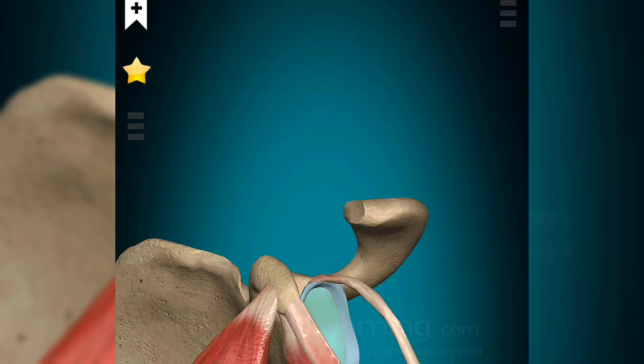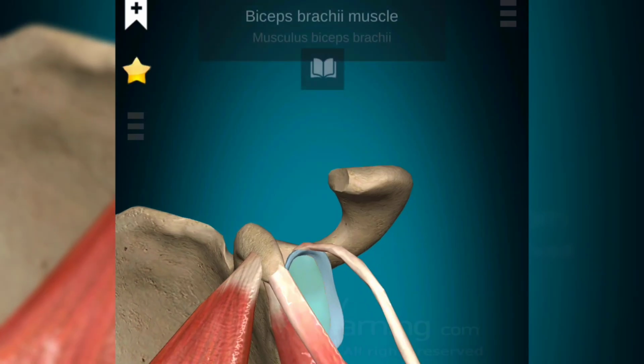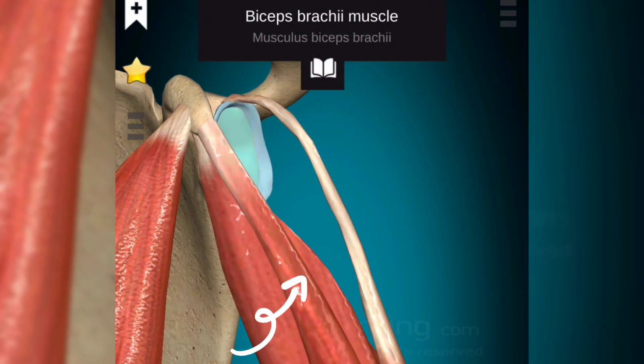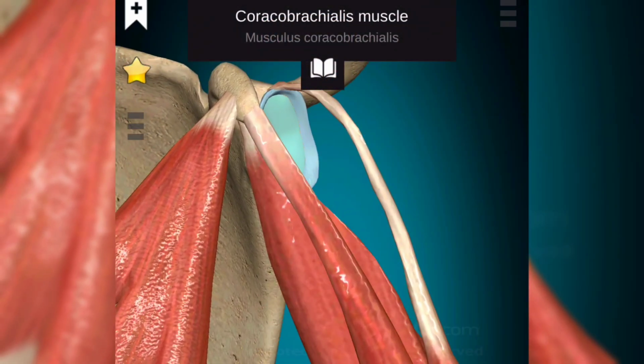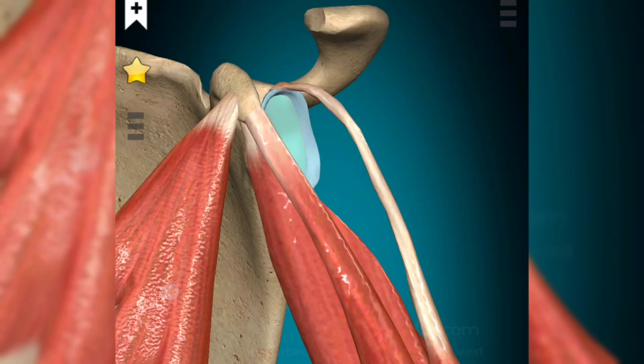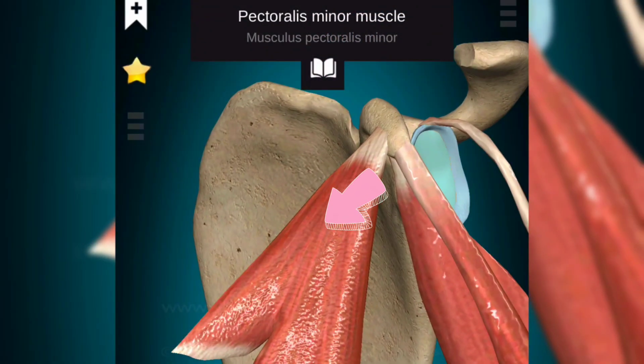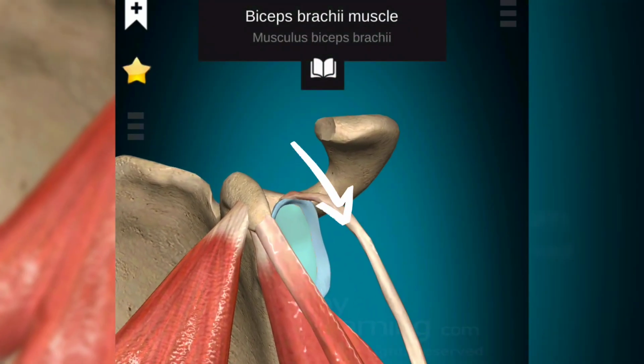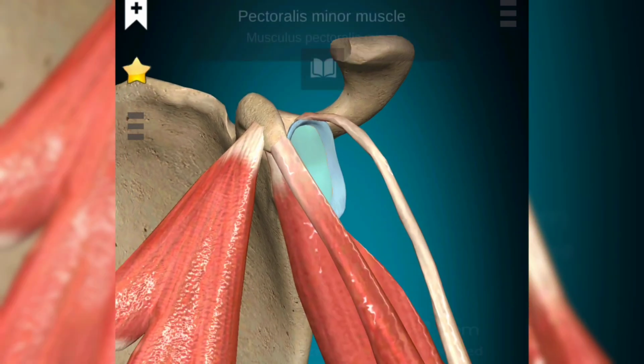The coracoid process provides attachment to 3 muscles, short head of biceps brachii, coracobrachialis muscle and pectoralis minor.